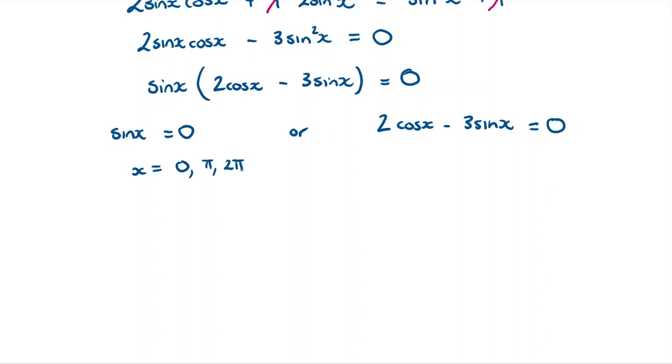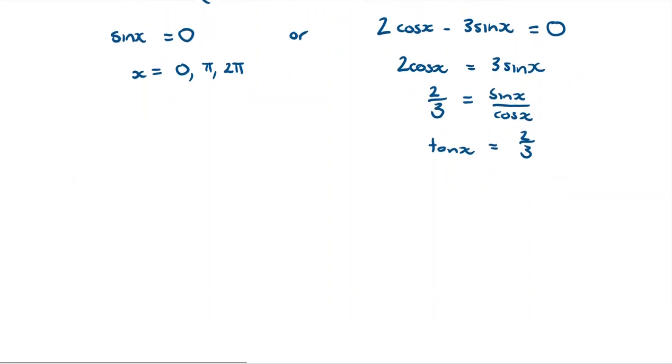So let's put the 2 cos x equals 3 sine x, make it positive. I'm going to divide the 3 across, so it'll be 2 over 3. And then sine over cos will be tan, but I'll do it in an extra step for you. There you go. Sine over cos. So it becomes tan x equals 2 over 3.